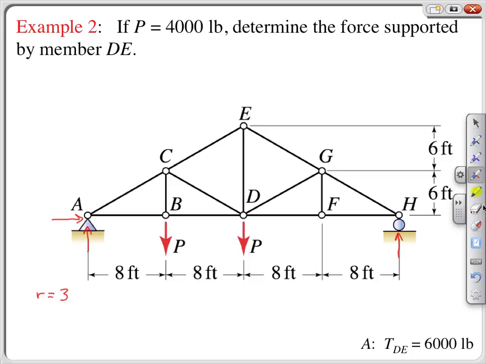For joints, we count every connection between members, including those where reactions are present. In this case, we have 8 joints, A through H, so J is equal to 8. We then count every member, and in this case, we have 13.